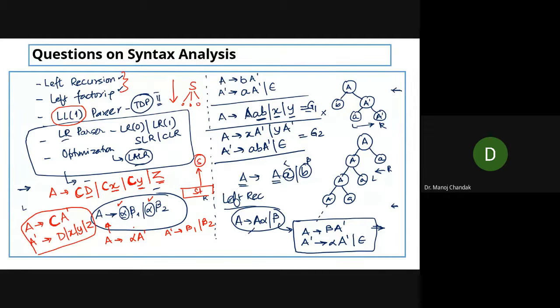The basic difference in these two is that one will start from the bottom location and one will start from the top location. So if you are starting with the root, then it is called top-down parsing. And if you're starting with the lowest part, then it is called bottom-up parsing. Okay. So let us move further.